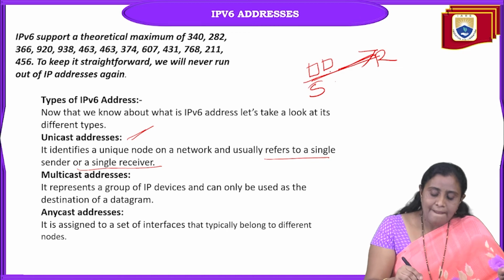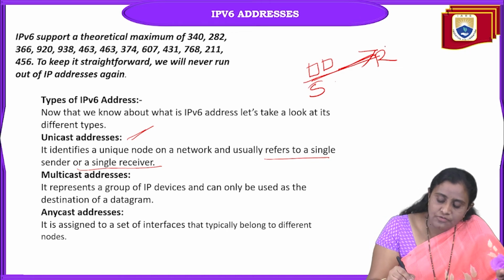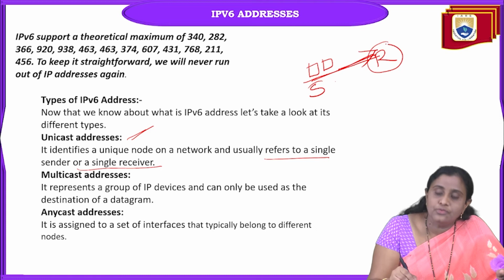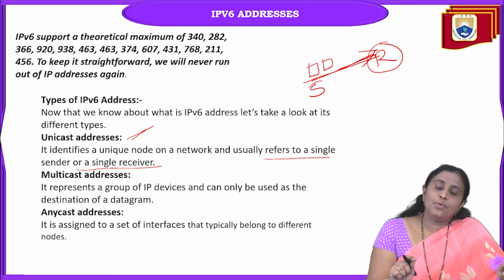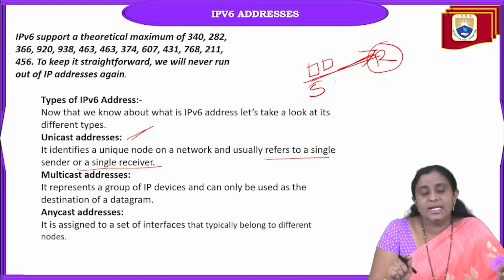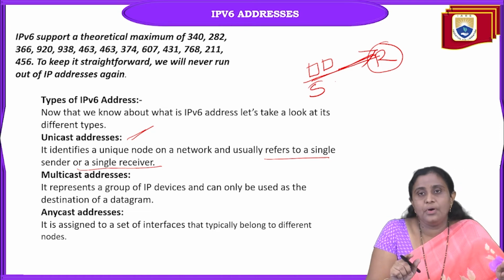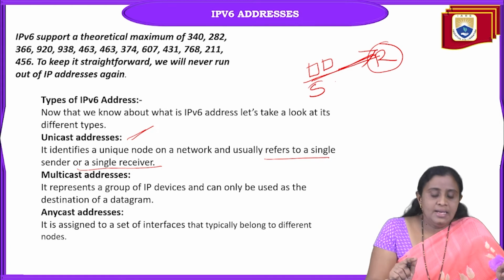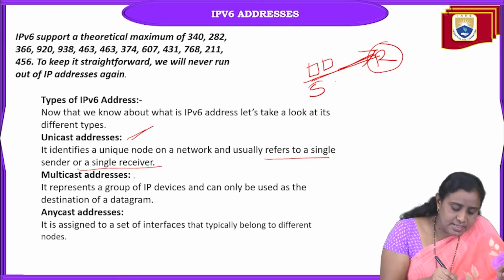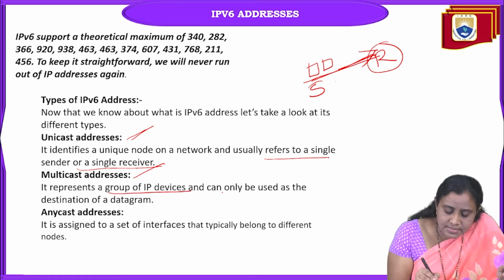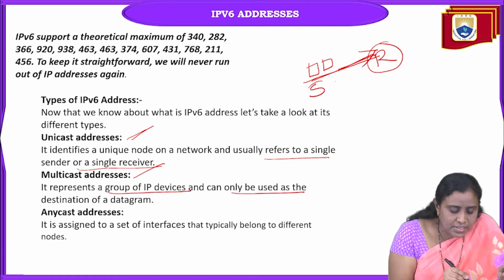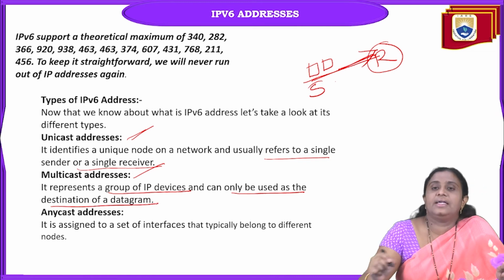That means the data packet consists of only one destination address. The data packet, which is about to travel or be forwarded or sent, consists of only one type of address. Next, the multicast address represents a group of IP devices and can only be used as the destination of a datagram.